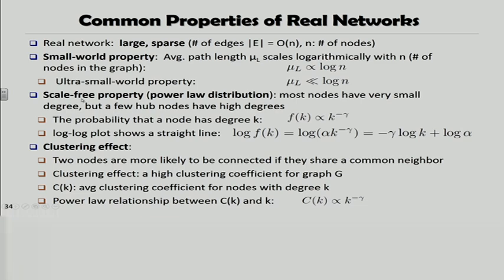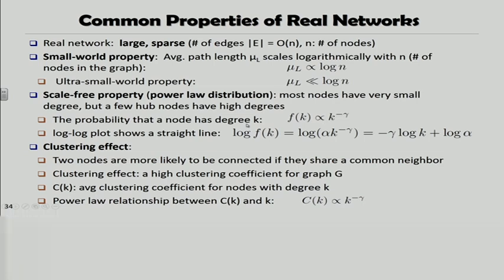And scale free simply says that when you double your nodes, the growth will not even take linear time. It's almost constant. That's because most nodes have very small degrees, so the probability that a node has degree k is pretty small.